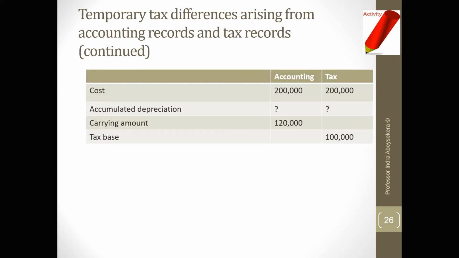So I've given you some hints here. I've shown you the carrying amount for the asset and the tax base for the asset. What I would like you to find out is the accumulated depreciation for accounting and for taxation purposes, and why that accumulated depreciation has been different between the two.